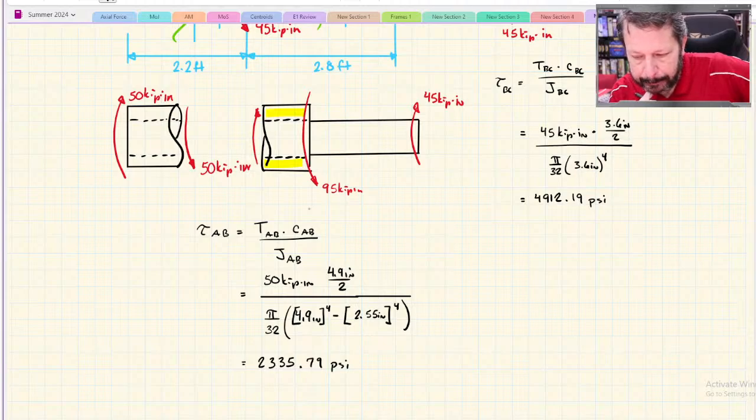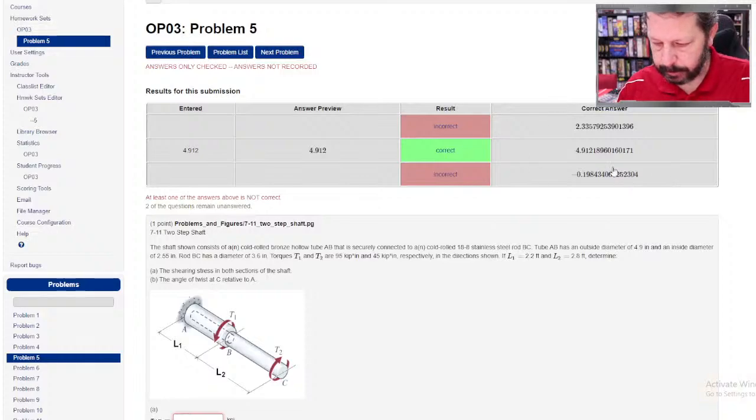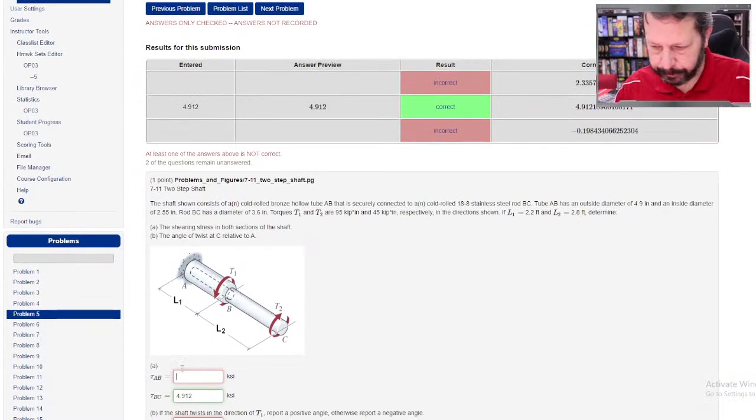So let's see, does that make sense? Let's see if it's the right answer. 2.33, 2.33, yes, looks like it is. 579.